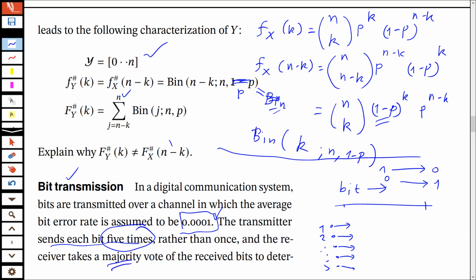You hope that it will be highly unlikely that all of them are received in error. So if the majority of them say something, we should believe that. For example, if 3 of them are ones and 2 of them are 0, you will declare that it is a 1.